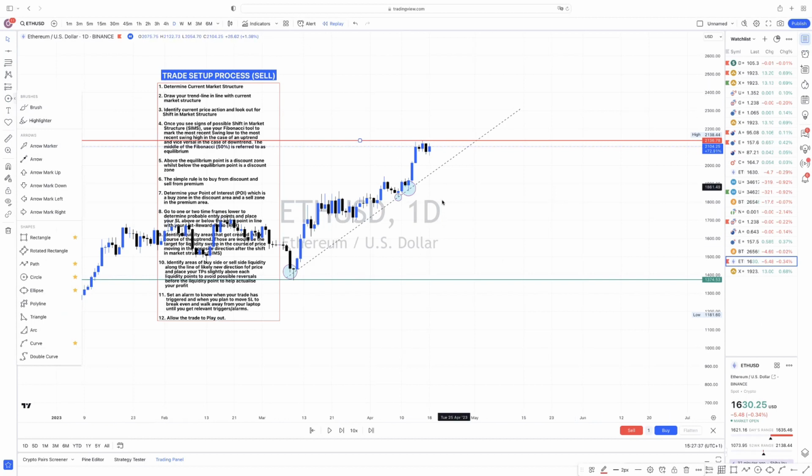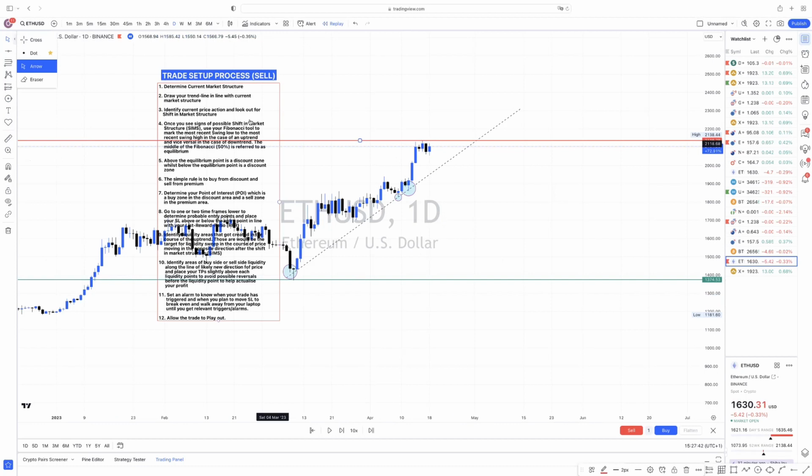And let me also show you something before that. If you look at this particular current price action, from the point it started from this support line, every time price gets to this trend line, it bounces off.